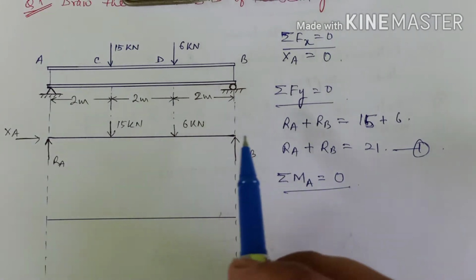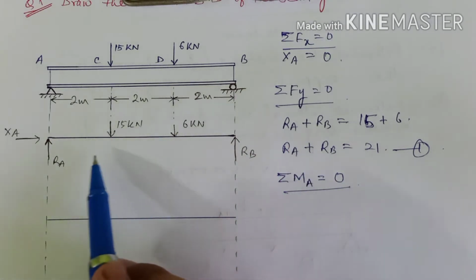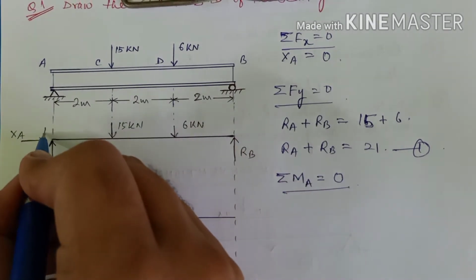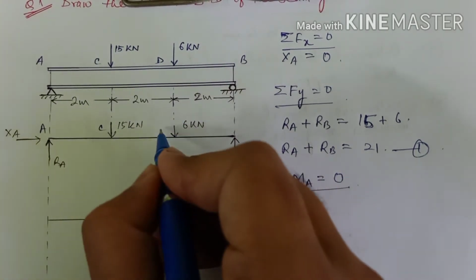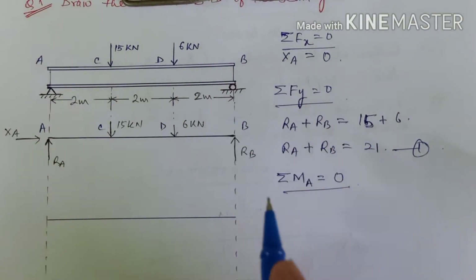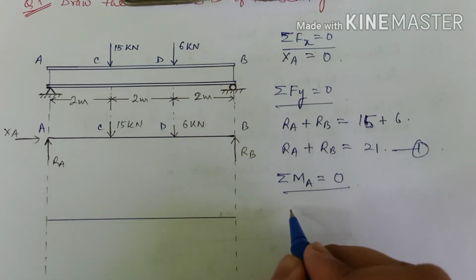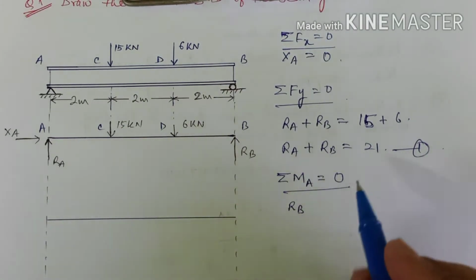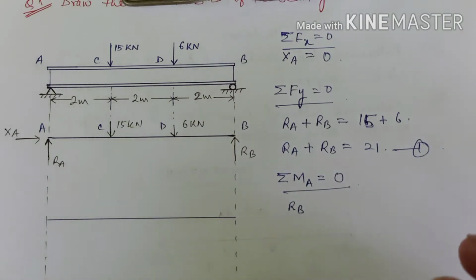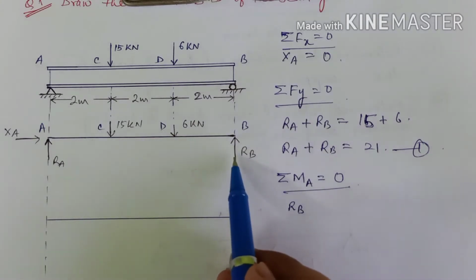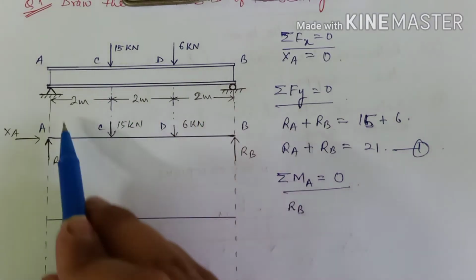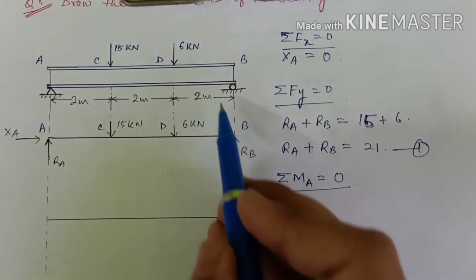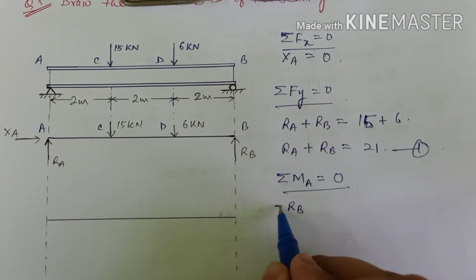This is my A, this is C, D, and this is B. I'll take the clockwise moment as positive. RB will create an anti-clockwise moment, so anti-clockwise we take as negative.